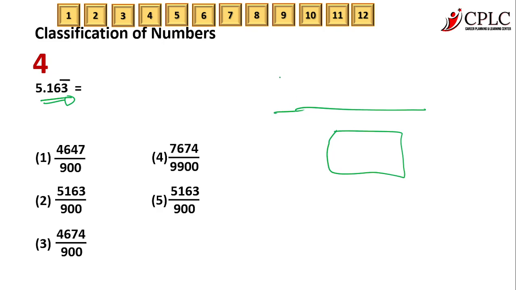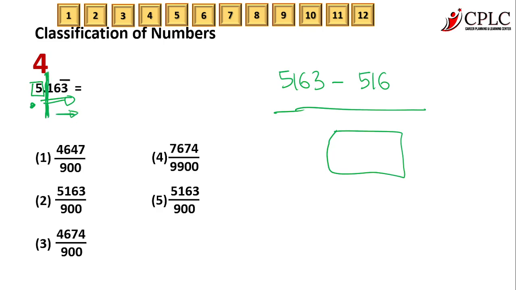In the numerator we'll do the same thing, that is, the entire number as it is, which is 5163, minus the non-recurring part, which is 516. But in such cases where you have integer point something, while writing the denominator, that is the number of nines and number of zeros, we need to only follow the digits after the decimal.